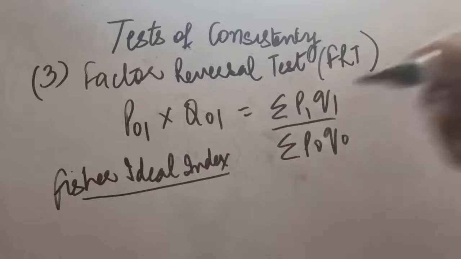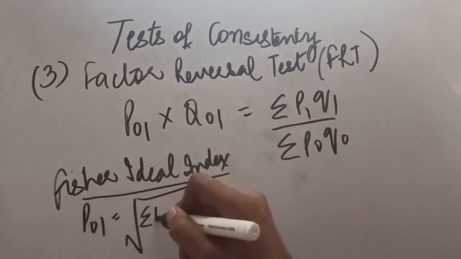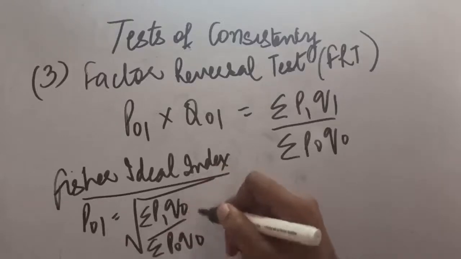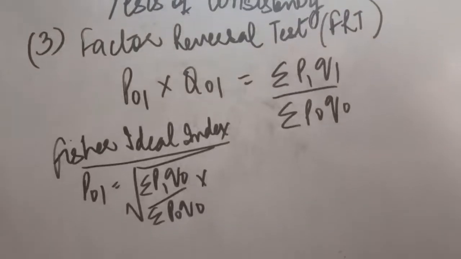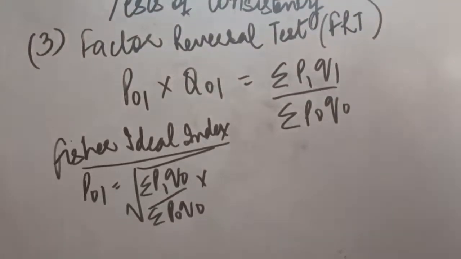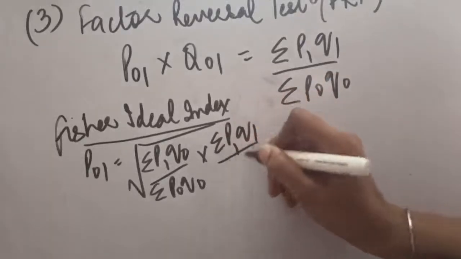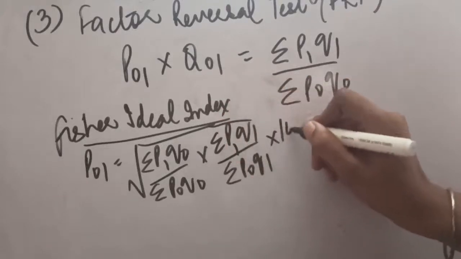Now in the case of Fisher's ideal index, our P01 is equal to this, into 100.